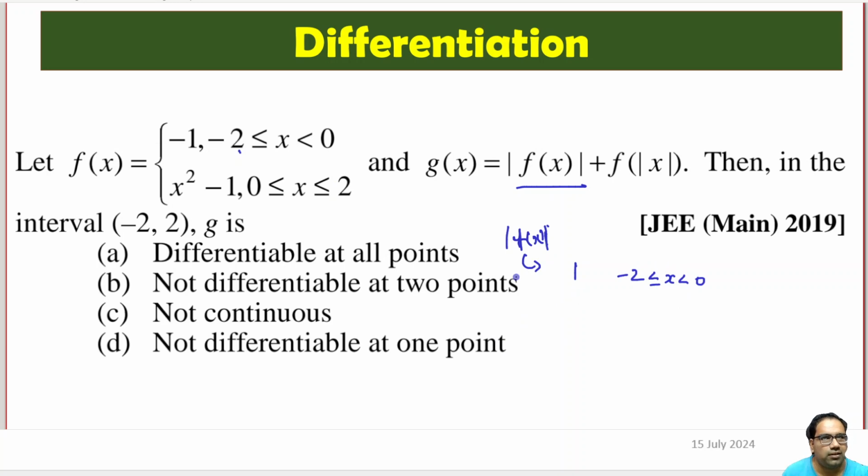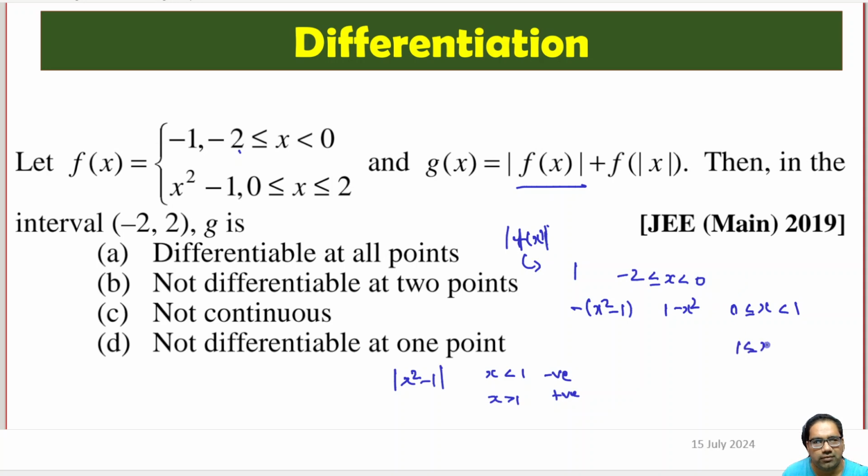So far so good. Then what about x square minus 1? X square minus 1 is negative when x is less than 1, and we are concerned about 0 to 2. It is positive when x is greater than 1. So where x square minus 1 is negative, the absolute value is minus of x square minus 1, which is nothing but 1 minus x square, when 0 is less than or equal to x less than 1.